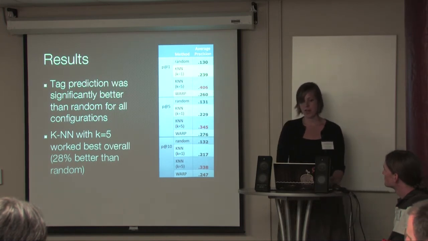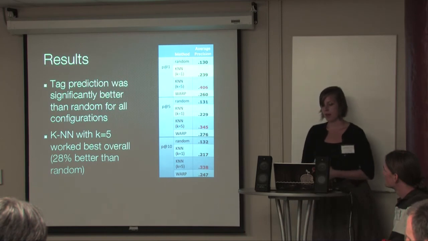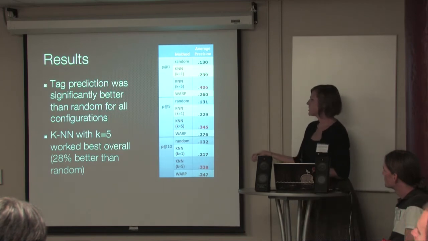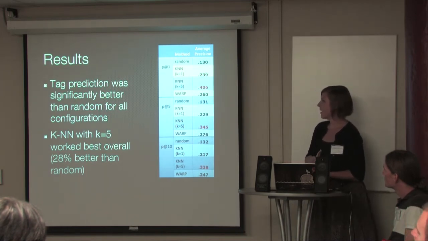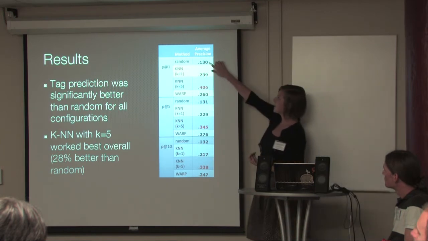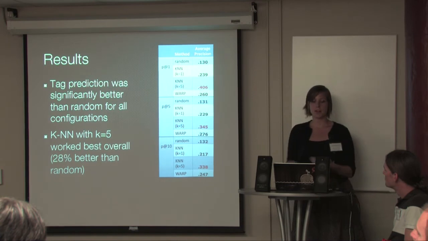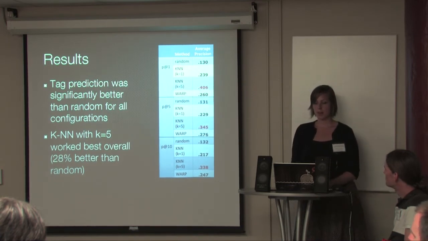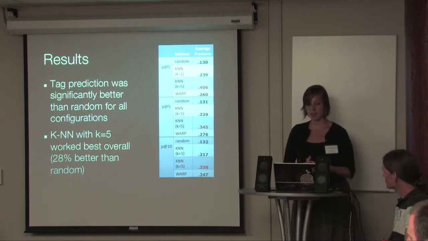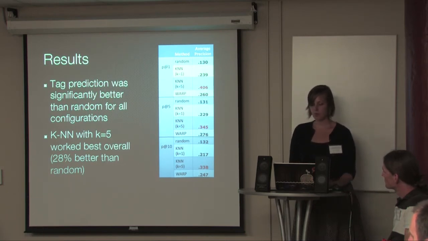And we found that the precision values were significantly better than a random baseline in all cases and all configurations. But overall, we found that a KNN with k equals 5 worked best, performing as much as 28% better than the random baseline.